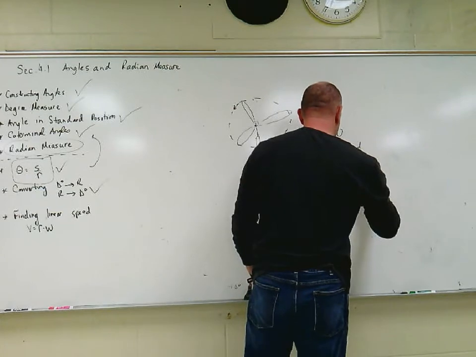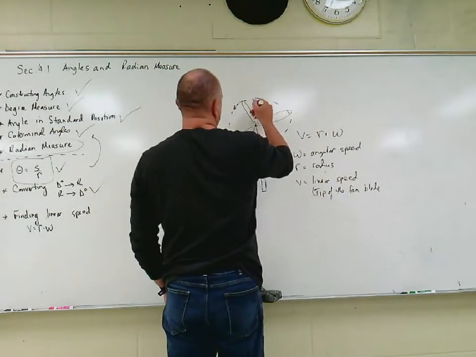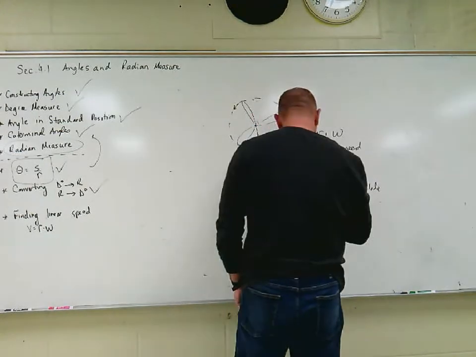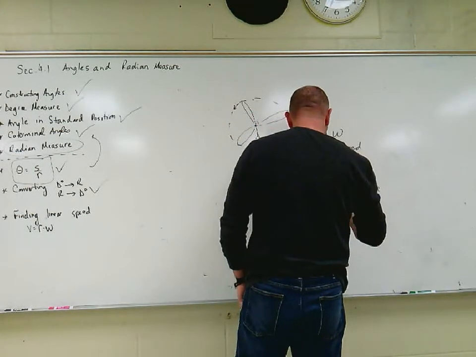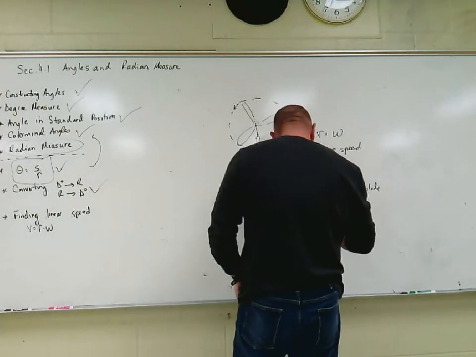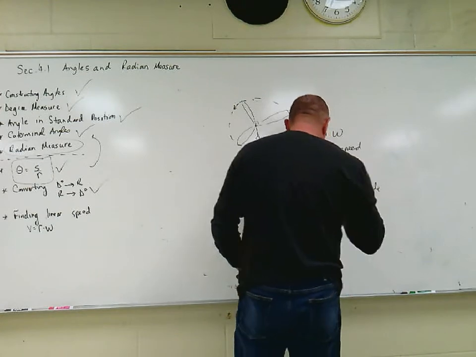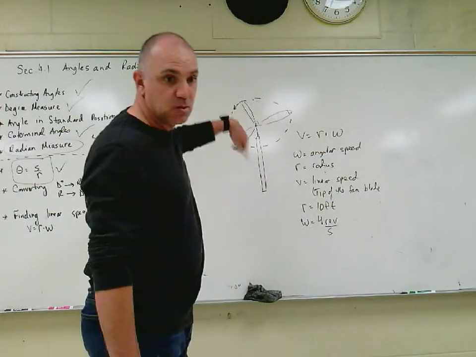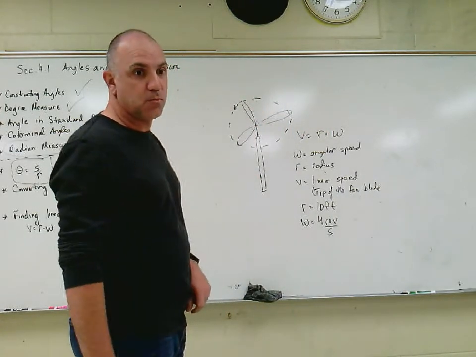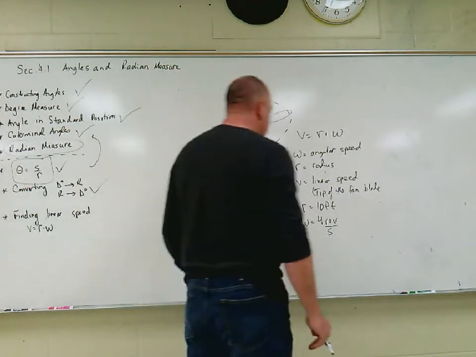How fast is it moving? We're going to need some information. Let's say the radius is 10 feet, so the fan blade right here is 10 feet long. And let's say that the angular speed is 4 revolutions per second. So in 1 second it goes 4 revolutions. That's pretty fast for this, but let's just say that's what's happening.